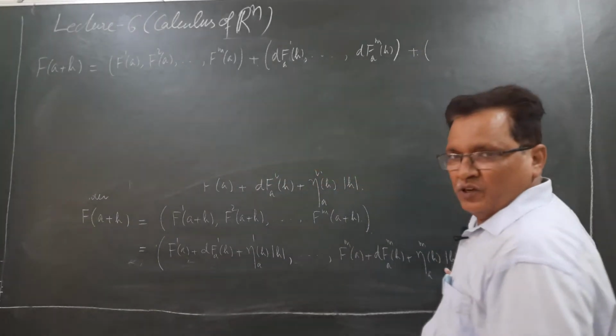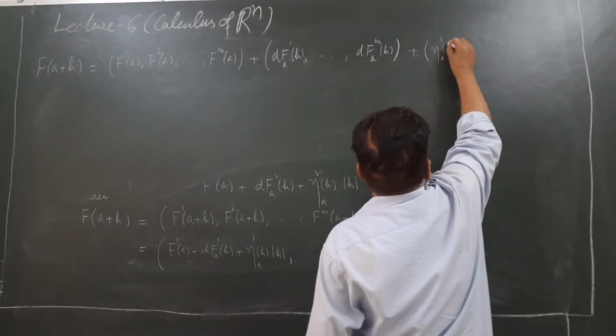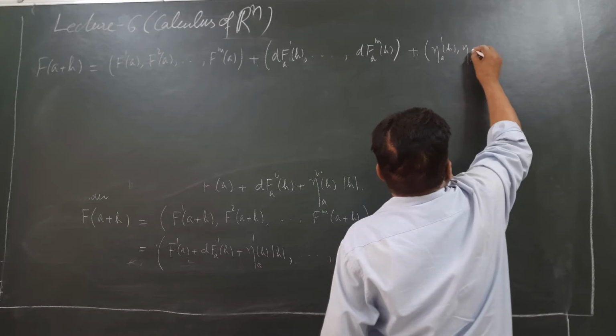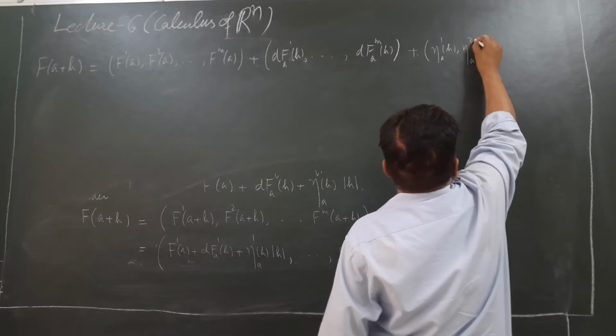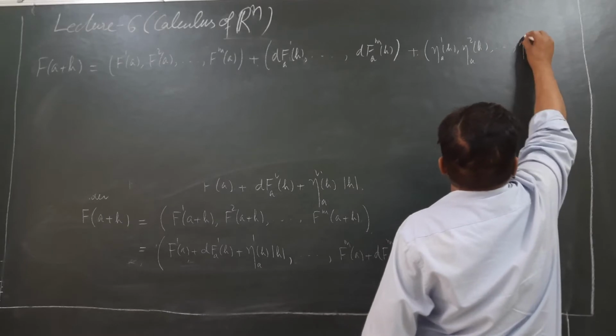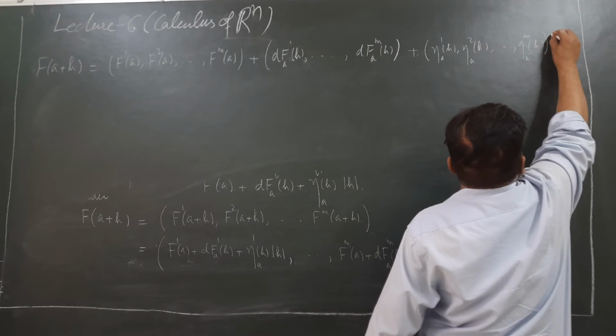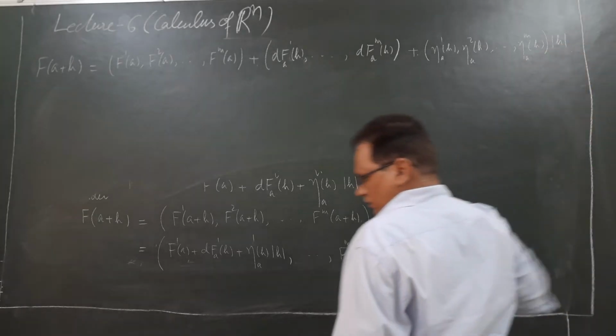Modulus of h will be common from each of these terms. So eta 1 at a of h, eta 2 at a of h, eta m at a of h, and the whole thing is multiplied by modulus of h.